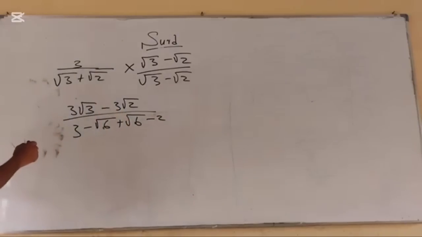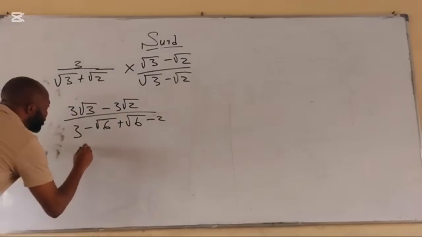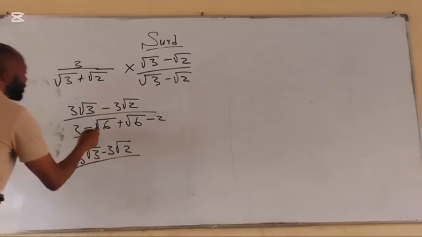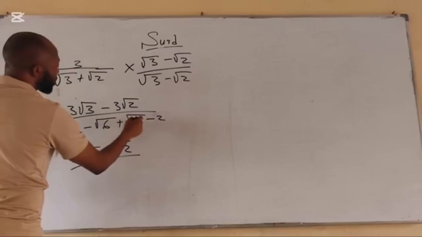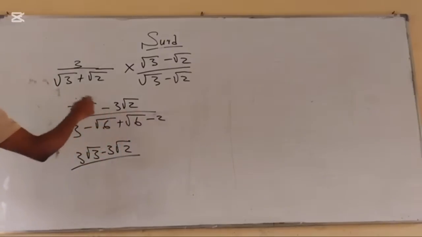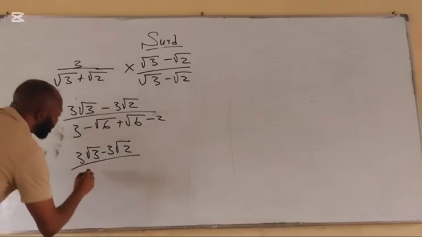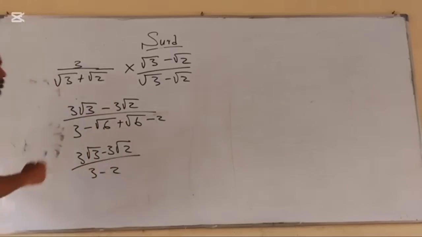Now we move on. This is the same as 3 root 3 minus 3 root 2 over 3 minus root 6 plus root 6. They are the same, so they will cancel. So I now have 3 minus 2.